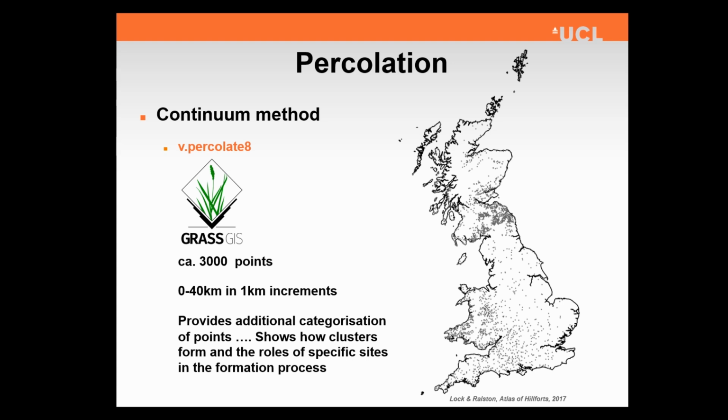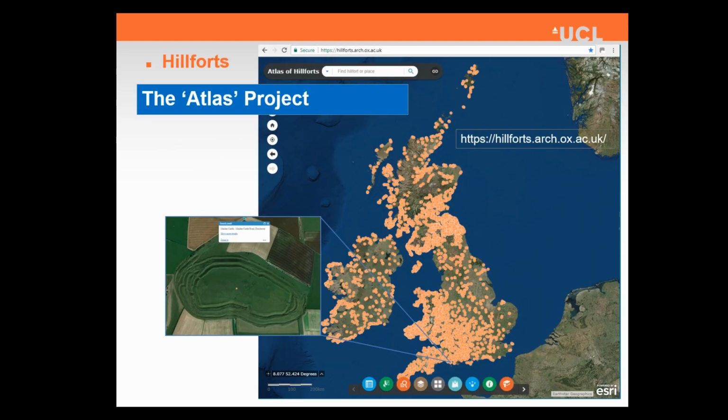So looking at the GRASS solution and the case study I'll present in a moment, there are about 3,000 data points spread over the British Isles. And we're stepping through the percolation radius, that is the threshold distance between points, of between 0 and 40 kilometers in 1 kilometer increments. And what that additional information is going to show us is how those clusters form.